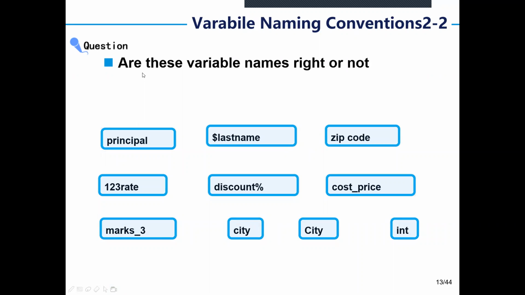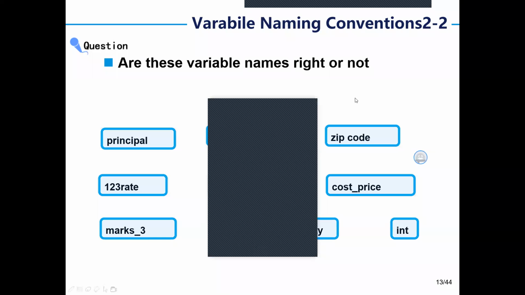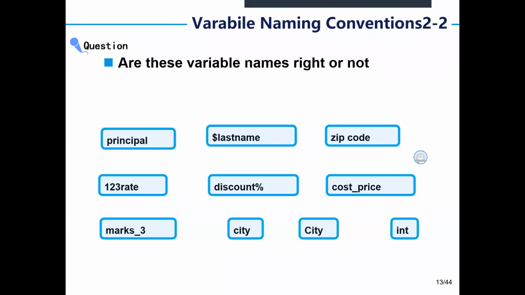Let's see, are these variable names right or not? Which one is right? Cost, price, marks3, and city.